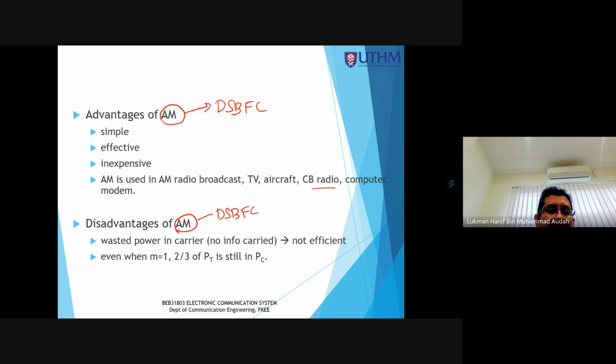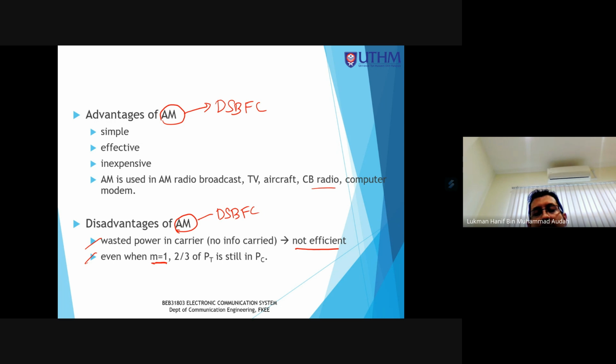One of them is that it wastes power in the carrier. The carrier is not carrying any information, so it is considered not efficient because it wastes a lot of power, even in the ideal case.